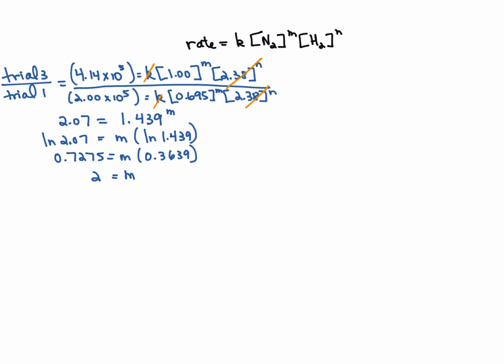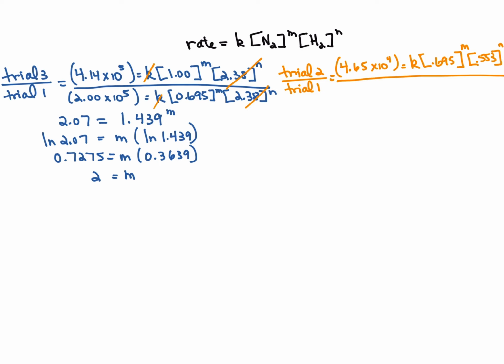I want to go ahead and solve now for N. So I want to make sure that the units of N2 cancel out. So that means I'm going to be dividing trial 2 by trial 1. Rate equals K times the concentration of N2 to the power of M times the concentration of H2 to the power of N over trial 1.